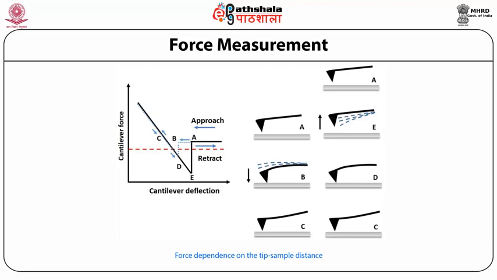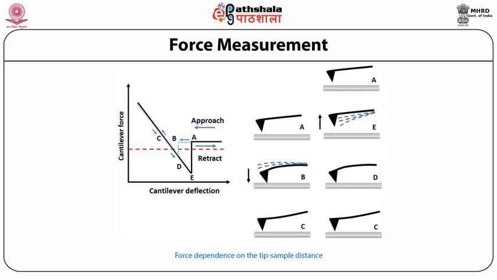As the scanner experiences the attractive van der Waals force, the cantilever comes close enough to the sample surface. In position B, the cantilever suddenly bends slightly towards the surface.